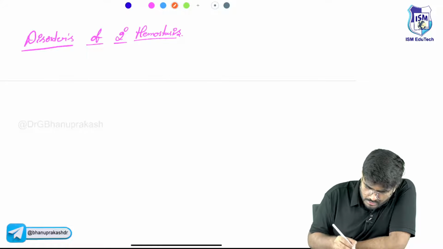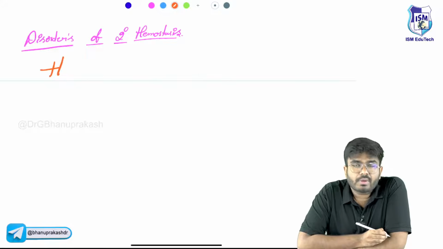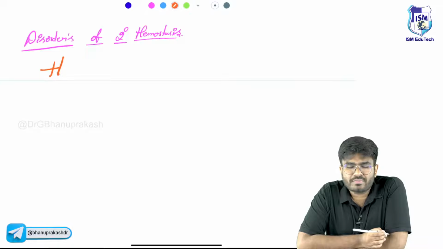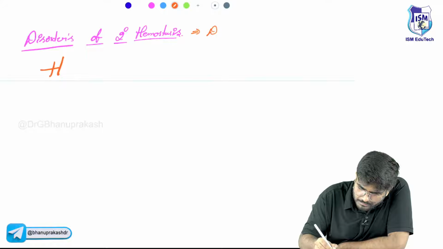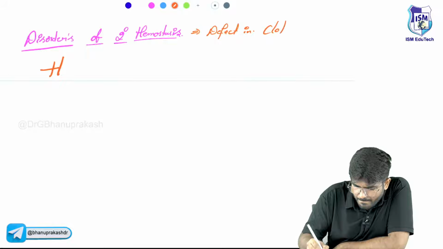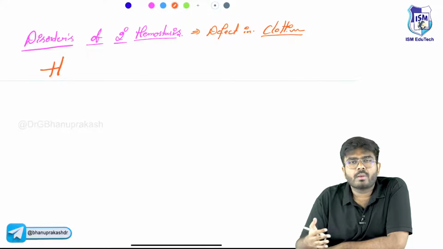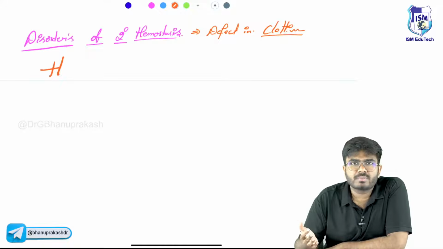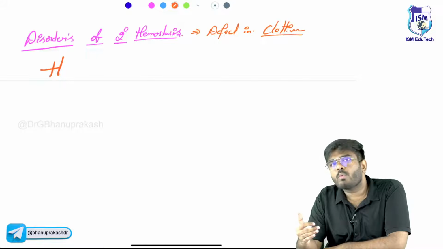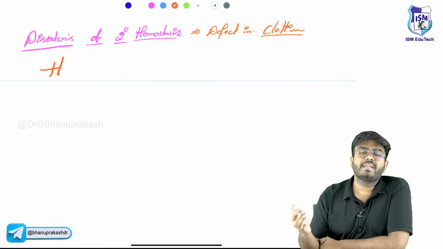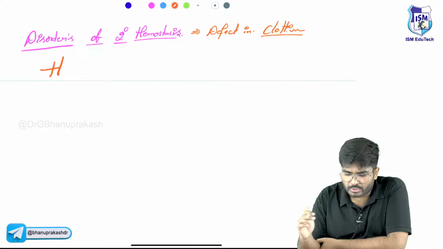The first disorder is called hemophilia. These secondary hemostasis disorders are clotting disorders, meaning a defect in clotting. If there is a defect in clotting, no proper clot is formed, so it will cause bleeding, but here a little more bleeding will occur, like bleeding into the internal organs and into the joints.